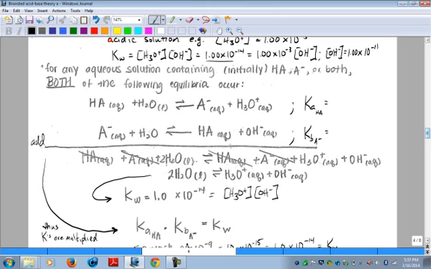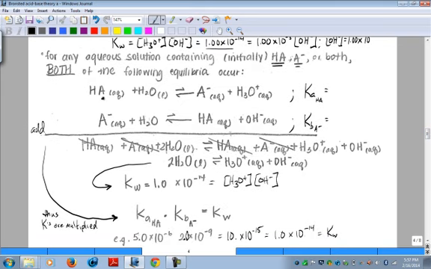Now we'll talk about what happens when any weak acid, HA, or weak conjugate base, A-, or both, are in an aqueous solution. So here would be the reaction between the acid HA. Remember, Bronsted acids are H plus donors.